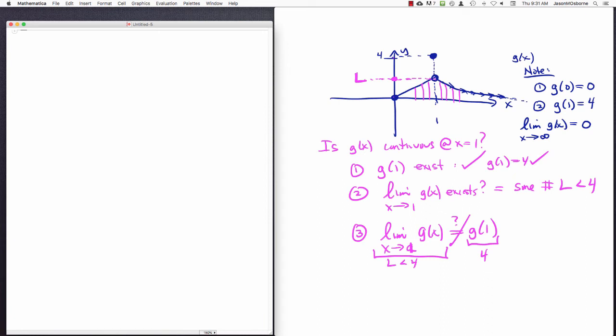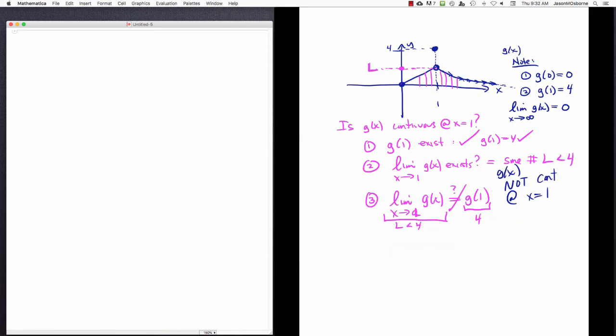So this is another non-example: this function g of x is not continuous at x is equal to 1. All right. So finally, we need to actually do an example of a function that is continuous. So let's go ahead and try one of those now.